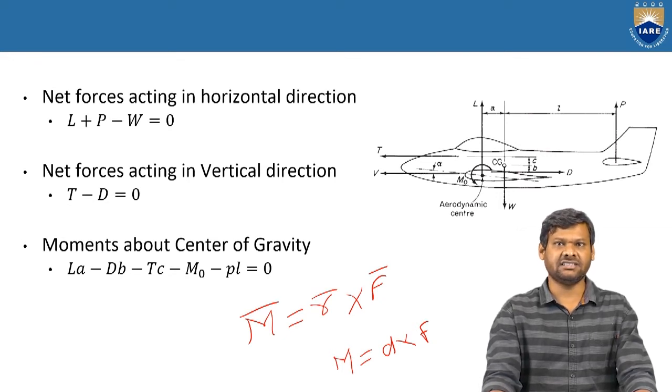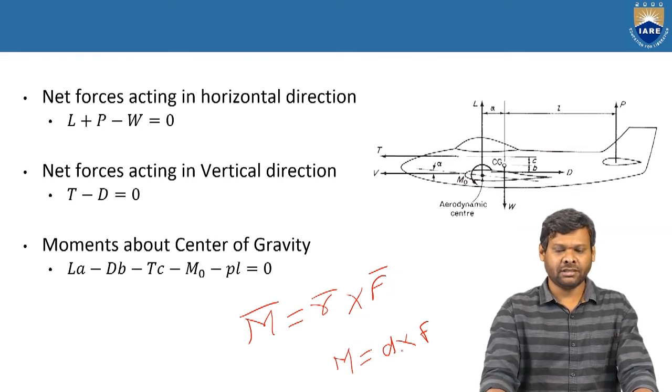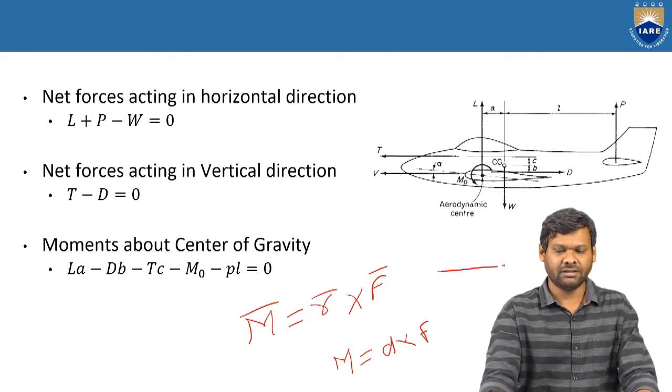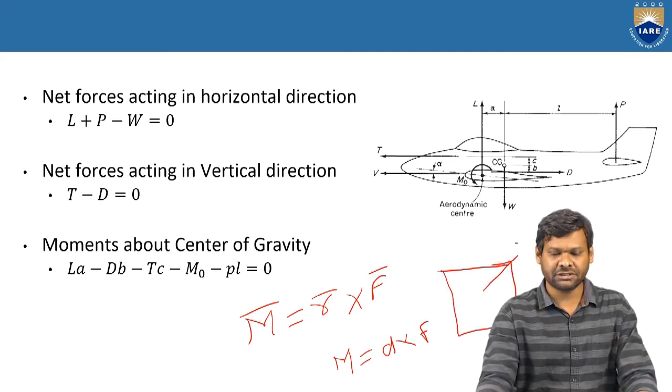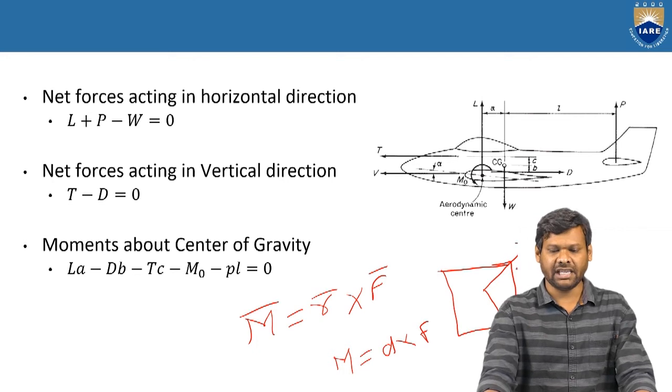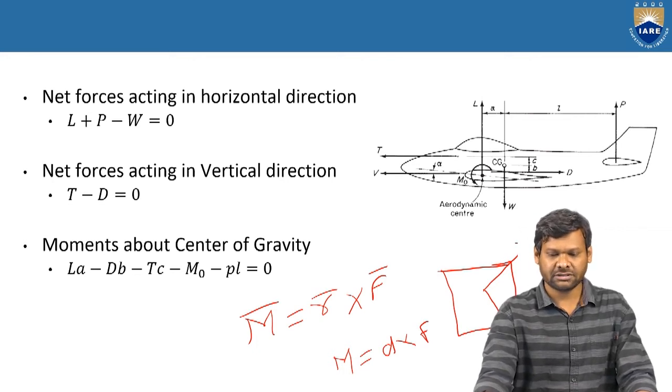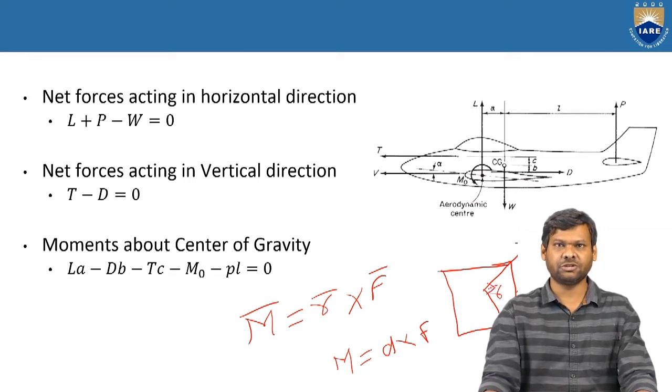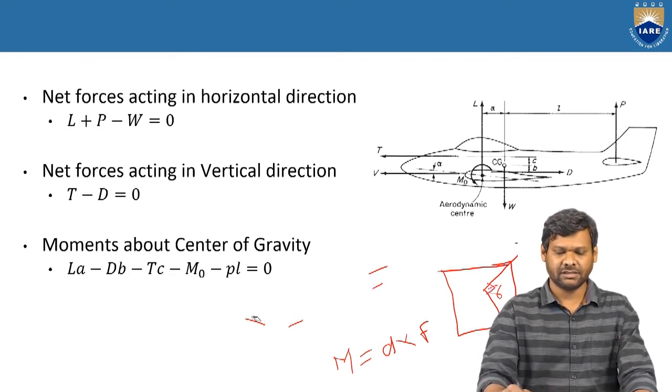Here, the distance is the distance from the force to the center of gravity. For example, when you take a body and apply a force along this direction, and you need to calculate a moment, this is the R. R and F should be perpendicular. This is the most important thing.